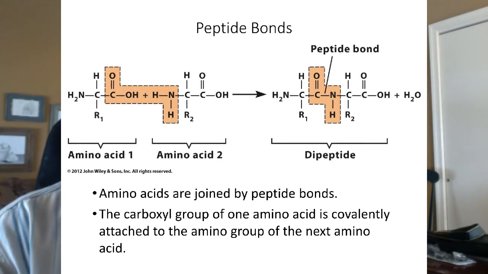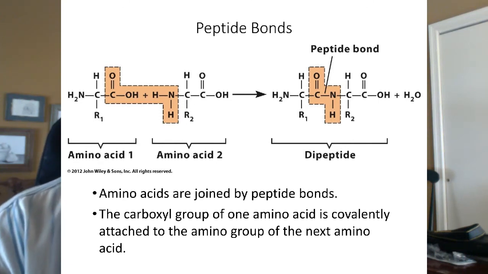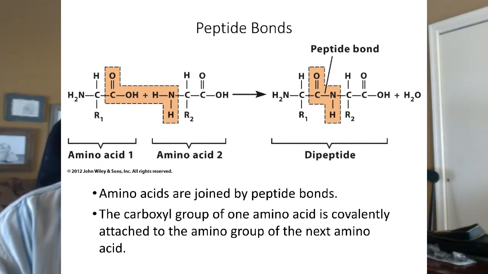This is done enzymatically in the cell and happens very, very quickly. The peptide bond is one of the strongest chemical bonds in all of organic chemistry. Just to give you some idea of how tough it is, if you were to digest the peptide bond and try to do it chemically in the laboratory, you would have to do it using concentrated hydrochloric acid under boiling conditions for about 12 hours to completely break apart the peptide bond in a given protein into its individual amino acids.